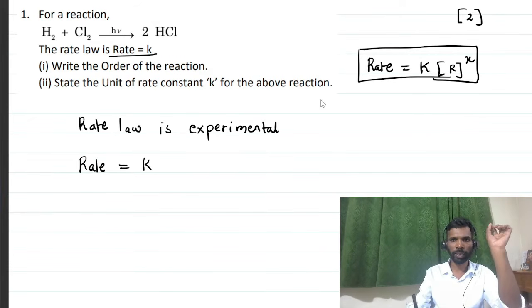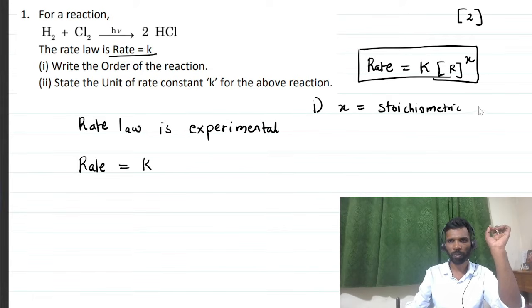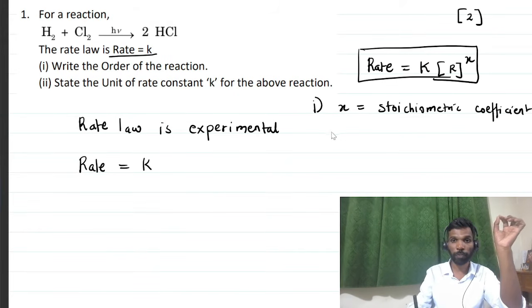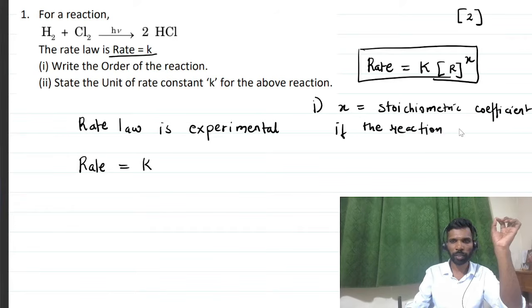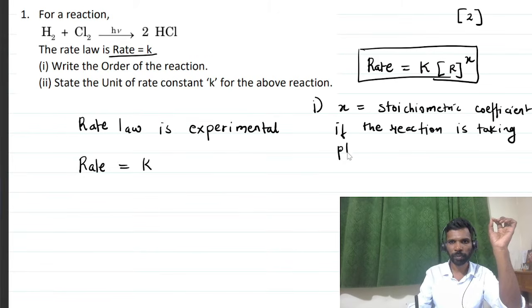Now, there are two things. What is the value of x? x will be equal to the stoichiometric coefficient if the reaction takes place in one step.